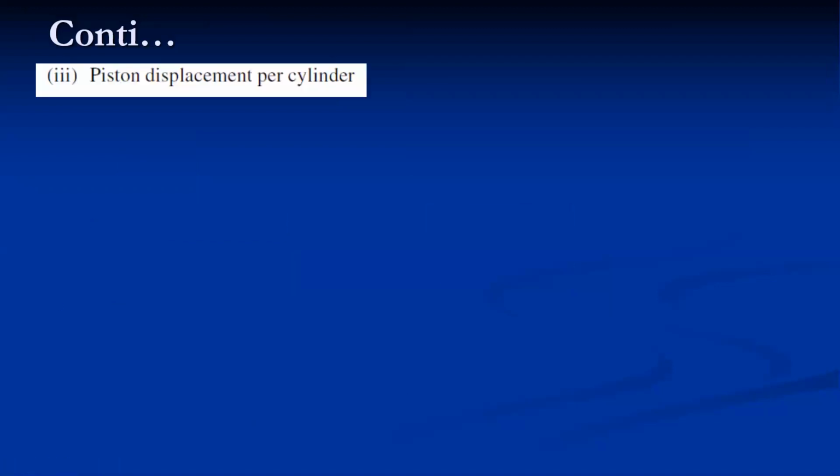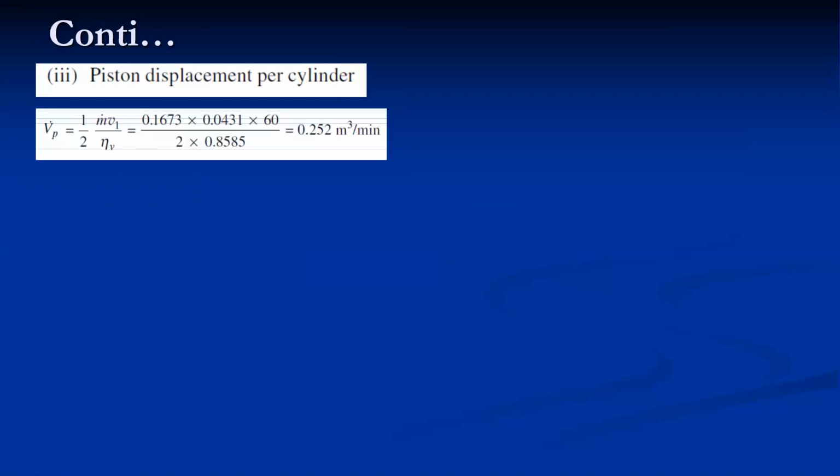Now the cylinder dimensions we have to calculate. So piston displacement per cylinder. According to the expression, theoretical piston displacement is multiplied by volumetric efficiency into 2, because there are two cylinders, that is equal to m dot into small v1.